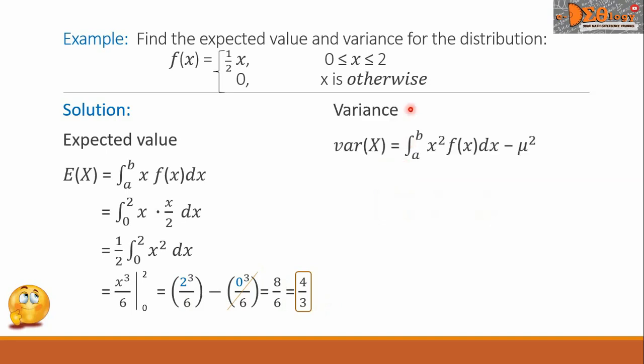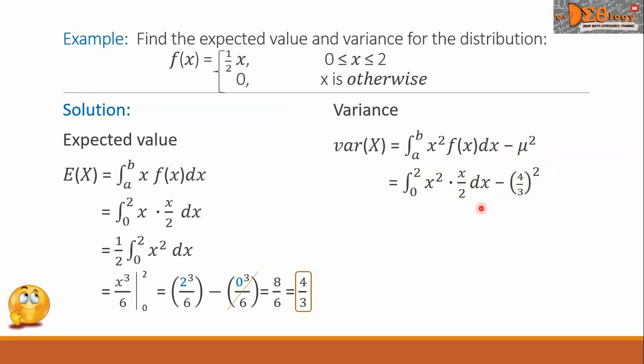Now let's go to the variance. The formula is here. Let us now substitute the corresponding values. So we have the definite integral from 0 to 2. X squared, we simply copy here. The f of x is that x over 2 dx is copied down here minus the mu square. We got the value of mu from the expected value, so we write here 4 over 3 and the quantity is squared.